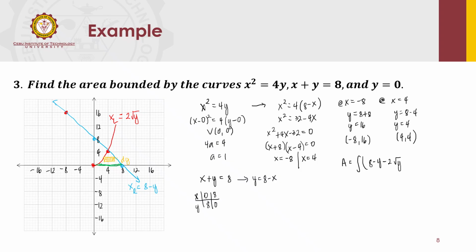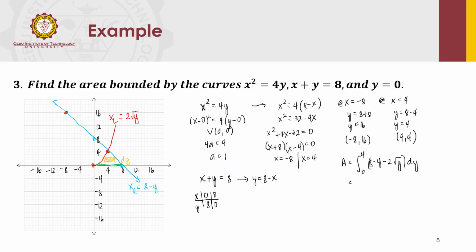For the limits, from y equals 0 to the upper limit where y is equal to 4. So that's 0 to 4.